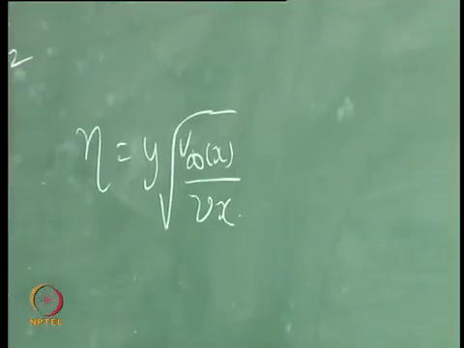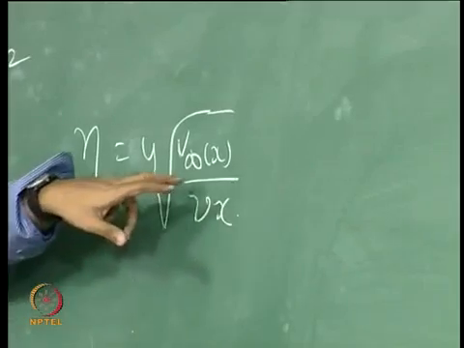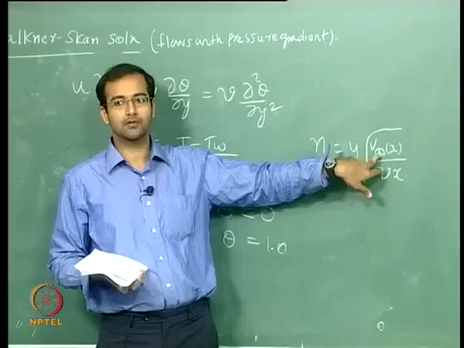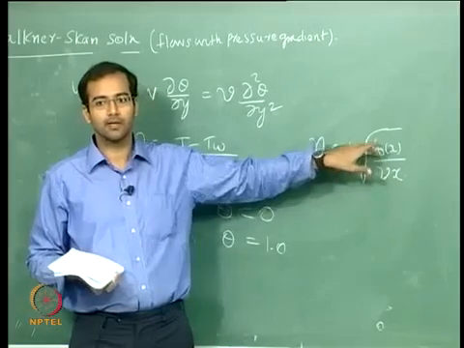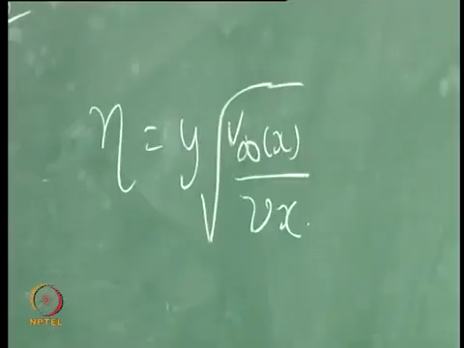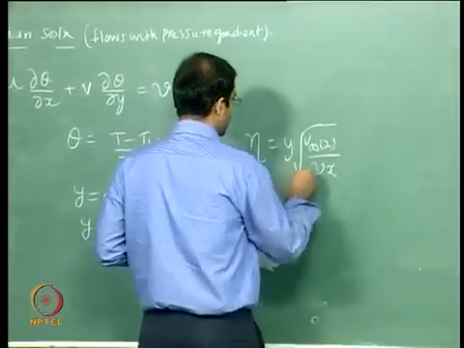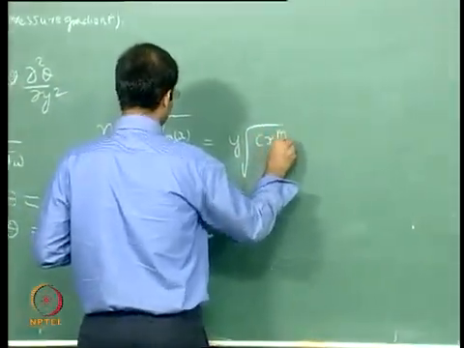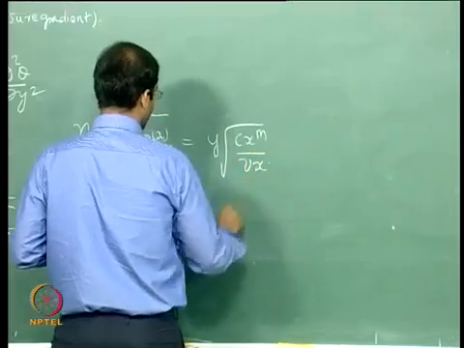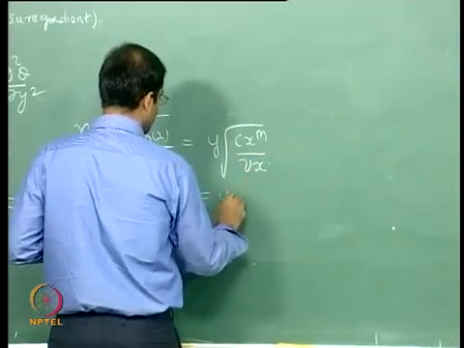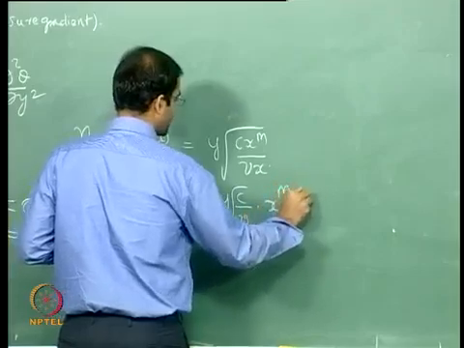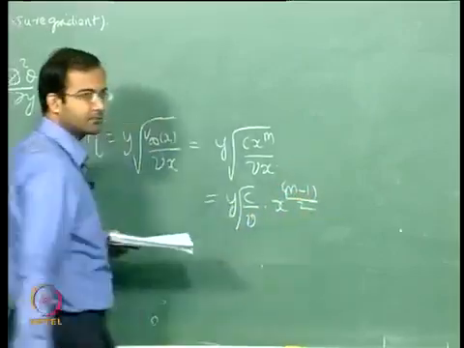So when you differentiate this with respect to x, you have to be careful now, you have to account for the variation of this. So you can substitute c x power m, and then differentiate it. For example, if eta is y square root of c x power m by nu x, this can be written as y square root of c by nu into x power m minus 1 by 2.